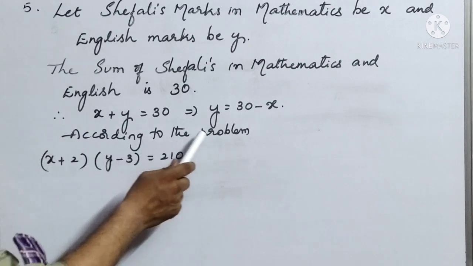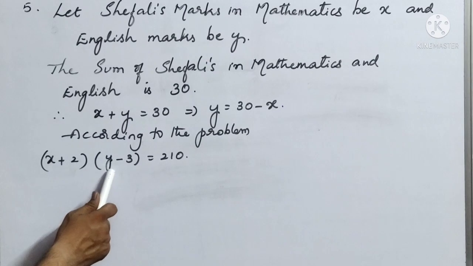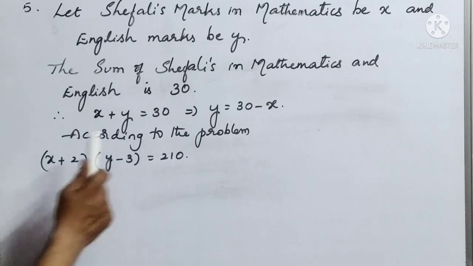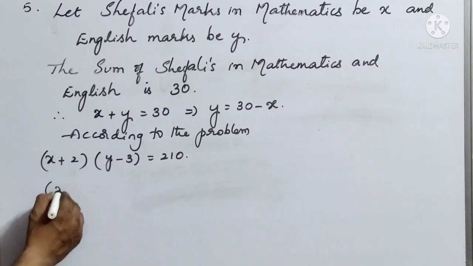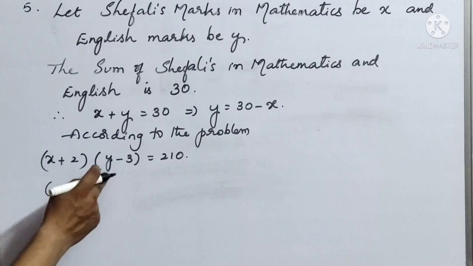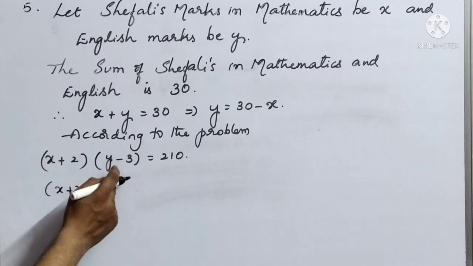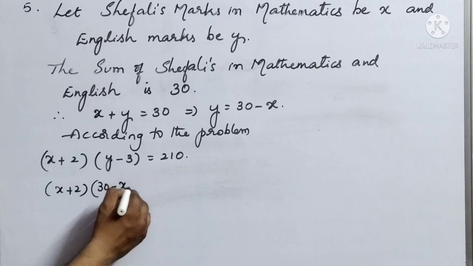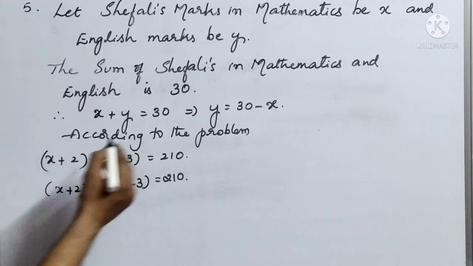According to the problem, 2 marks increased in mathematics and 3 marks less in English, so their product is 210. But as I told you, both should not be different variables; if only one variable is there, we can find it very easily. So instead of y, we write 30 minus x minus 3 equals 210.